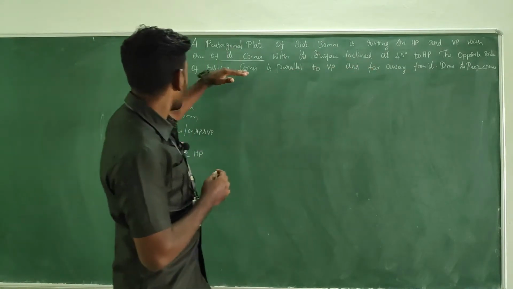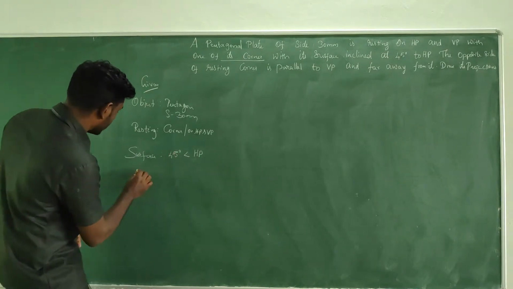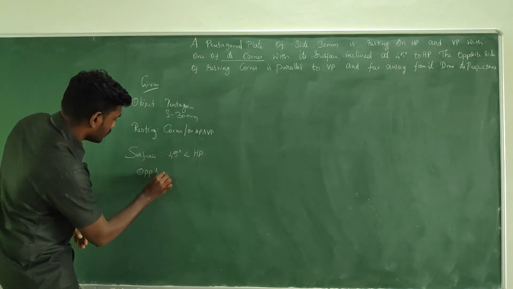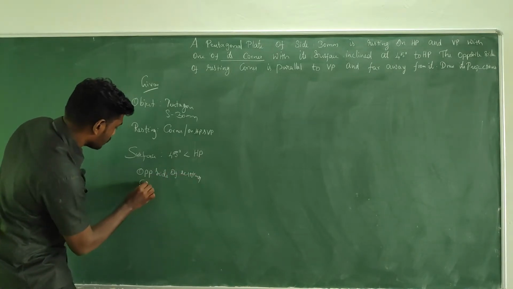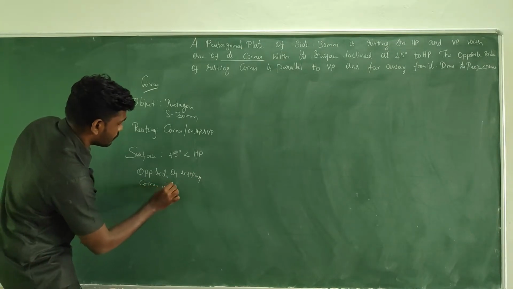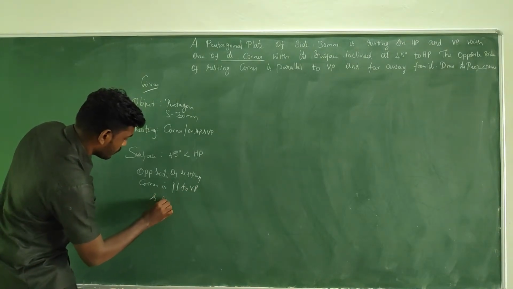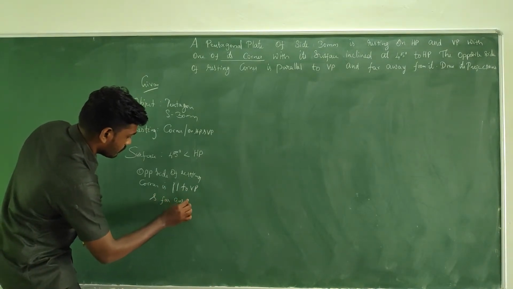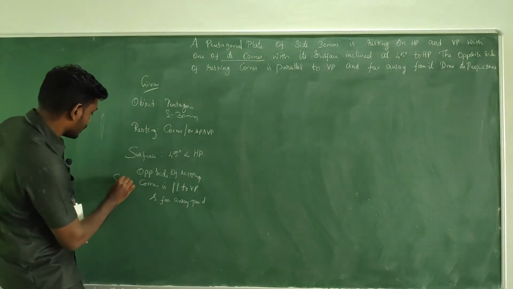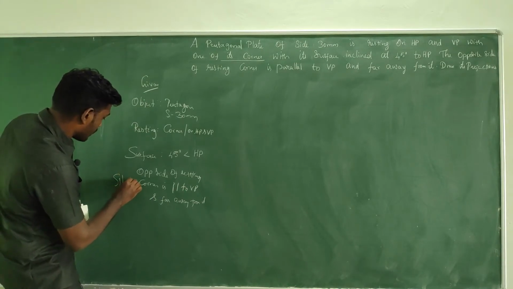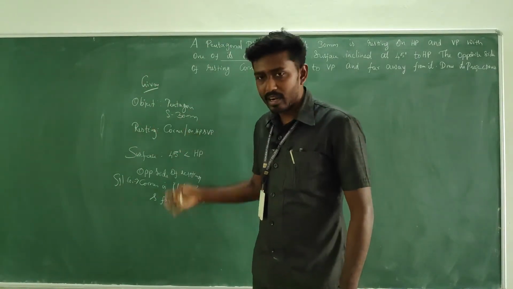The opposite side of the resting corner is parallel to VP and far away from it. This is a special condition given for us. So these are the data which are available in the question.